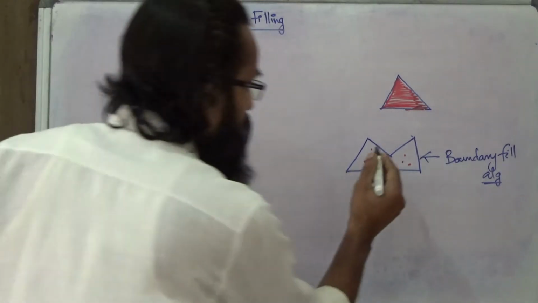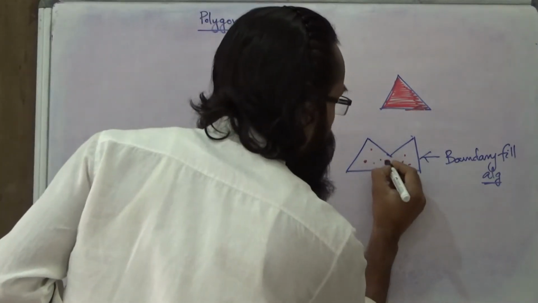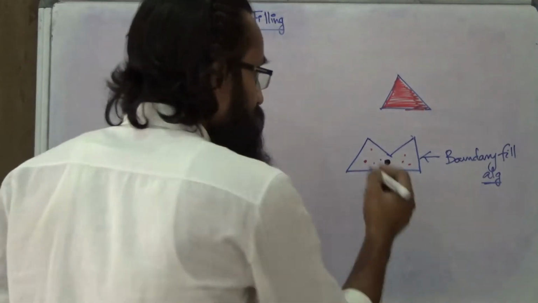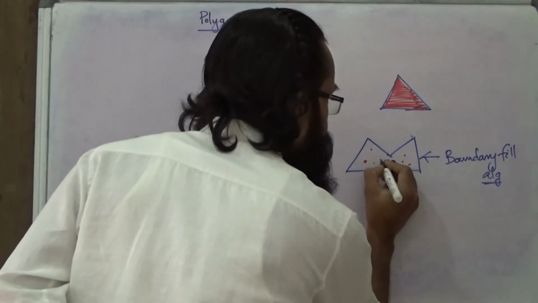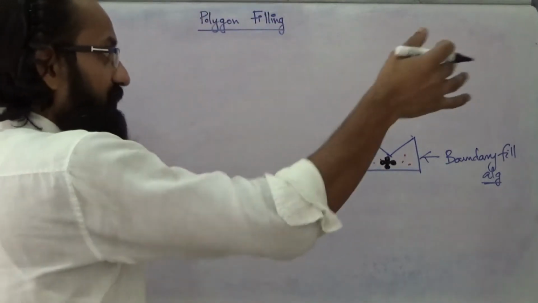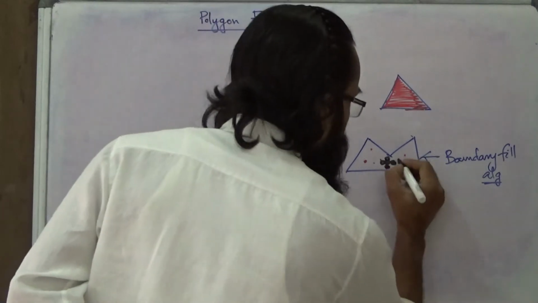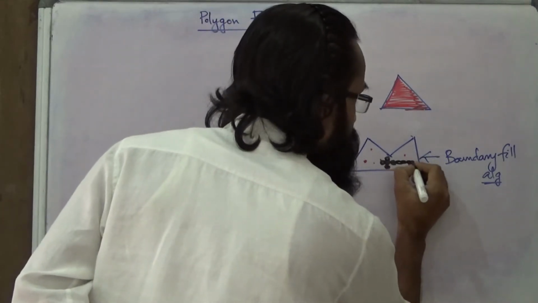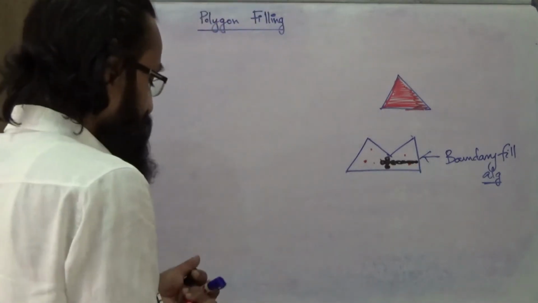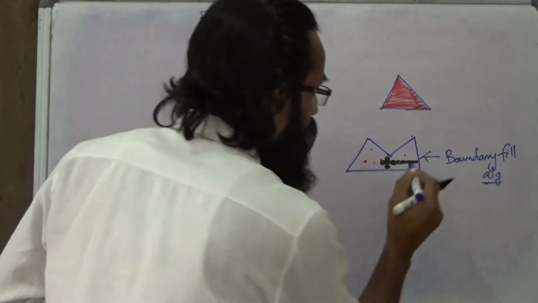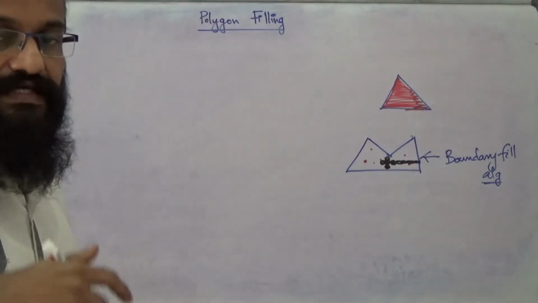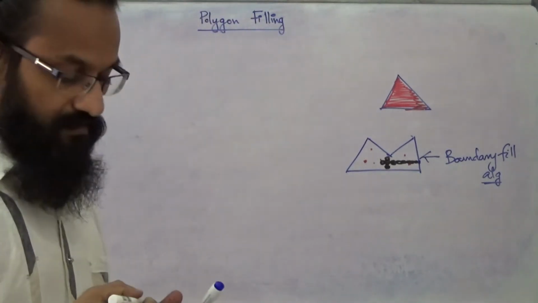So you can fill that pixel with black color. Then you can recursively fill its adjacent pixels with black color and repeat this process until you reach boundary. So similarly you will be filling these pixels. When you reach this particular pixel, that pixel is of blue color, that is boundary color. So when you reach boundary, stop there.